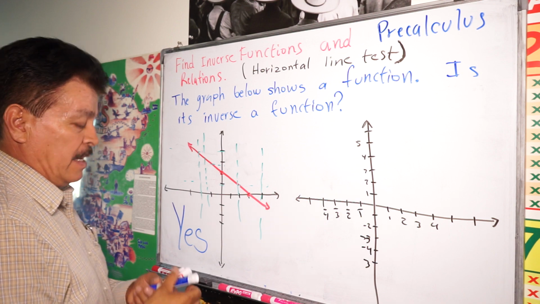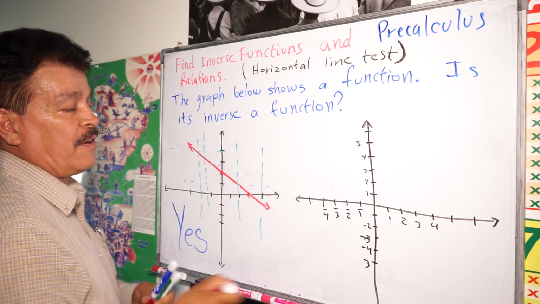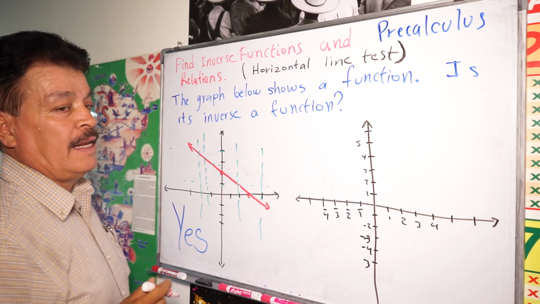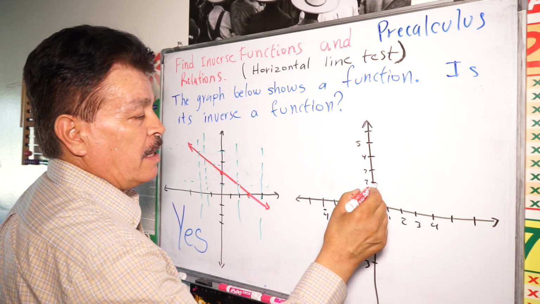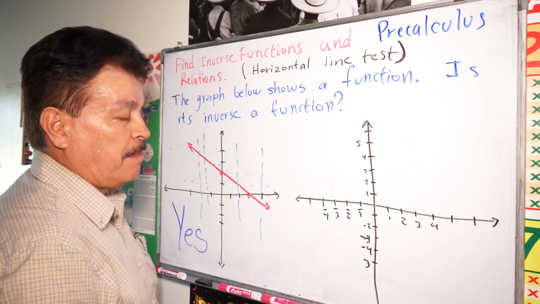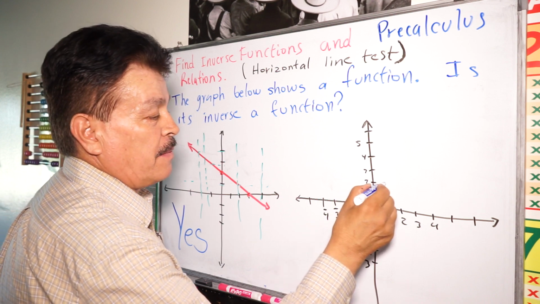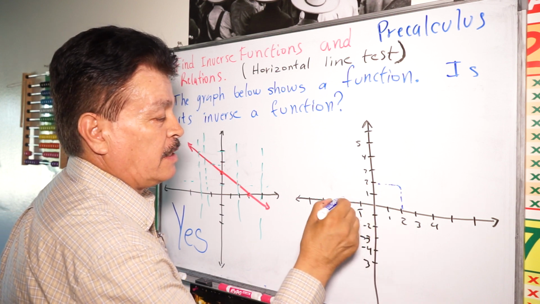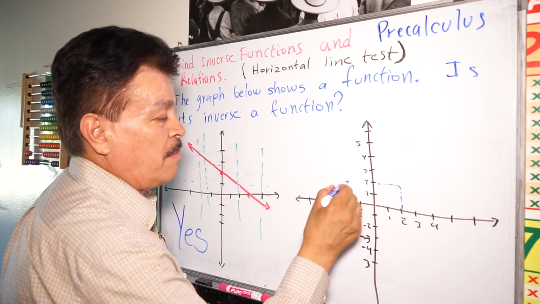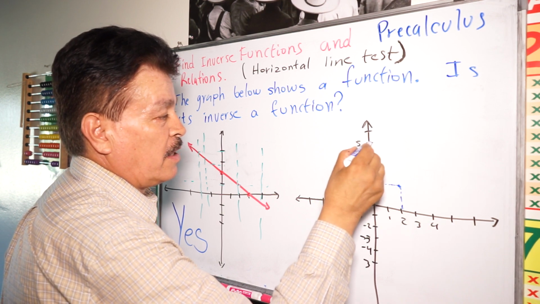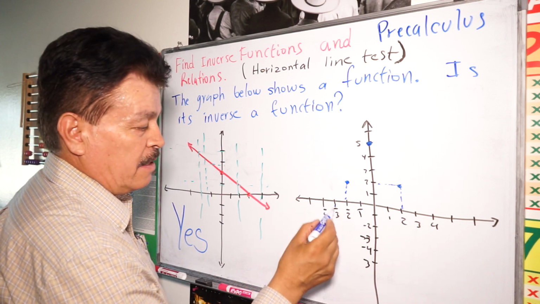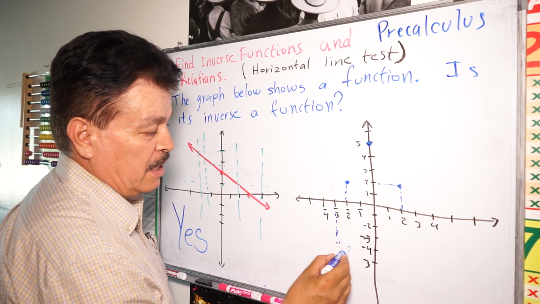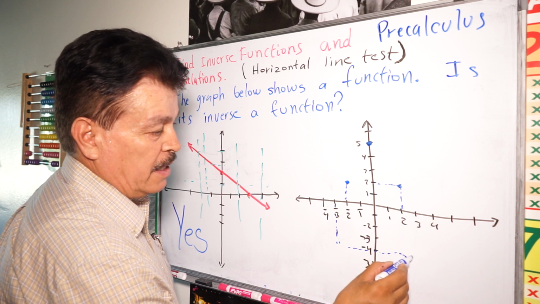Let's draw another different graph here. Let me mark some points here: 1 point here, another point here, another here, and also here in 3, because I'm not squaring here.